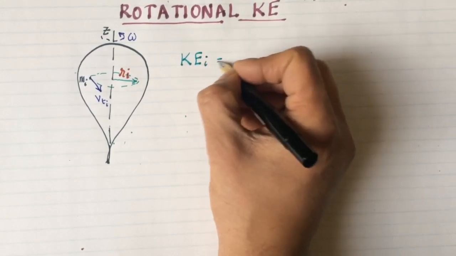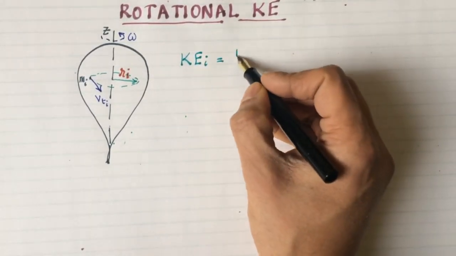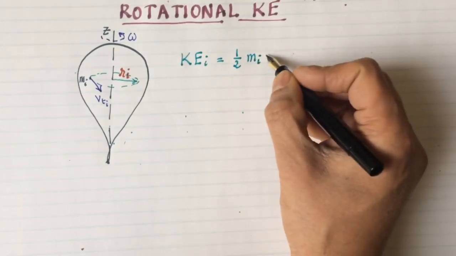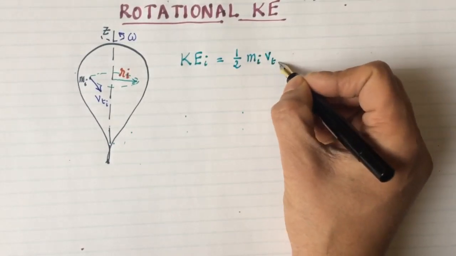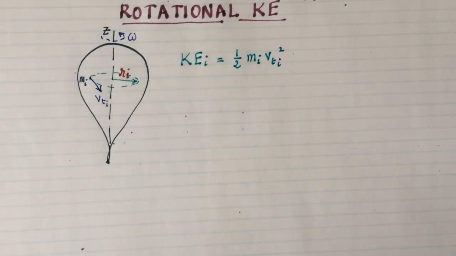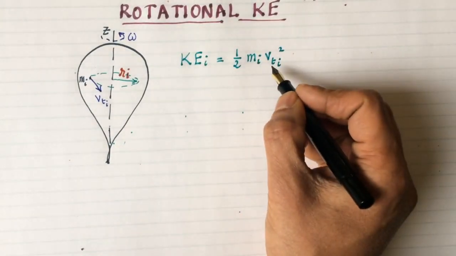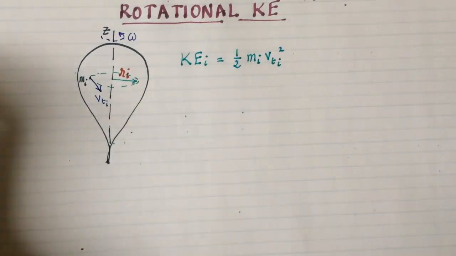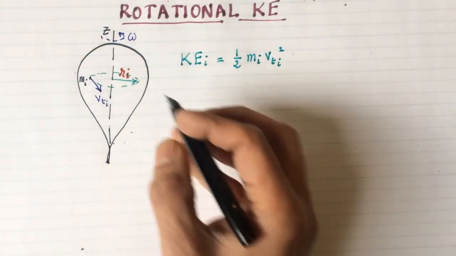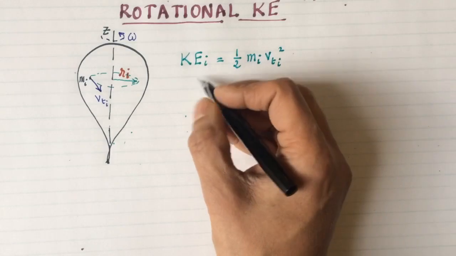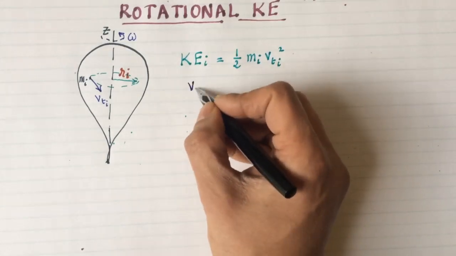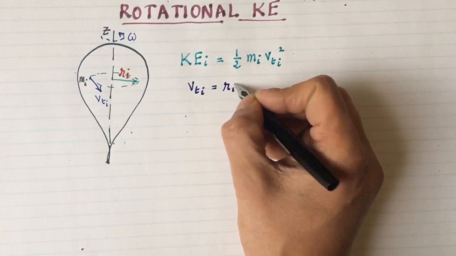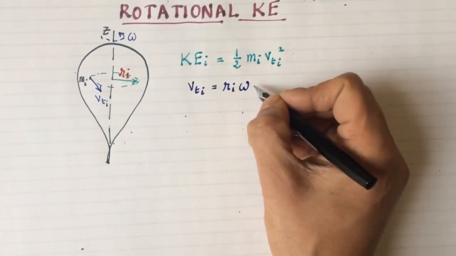I'll call it KE_i. Now kinetic energy is just 1/2 mv squared, so I'll write it as 1/2 m_i v_ti squared. Now, from our understanding of rotational motion, the connection between the translational velocity and the rotational velocity is the following. v_ti equals r_i times omega_i.